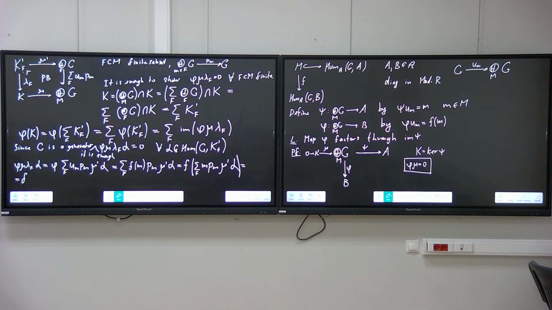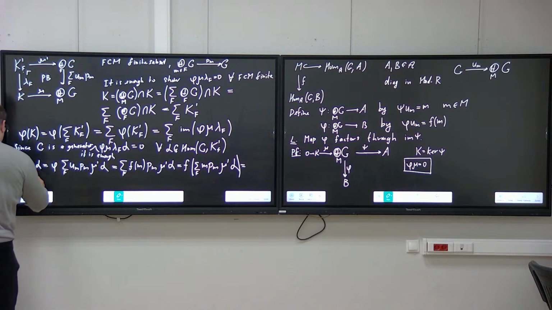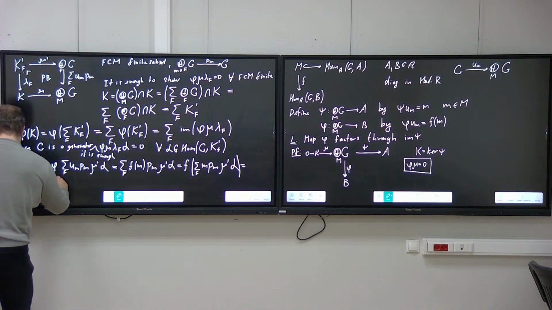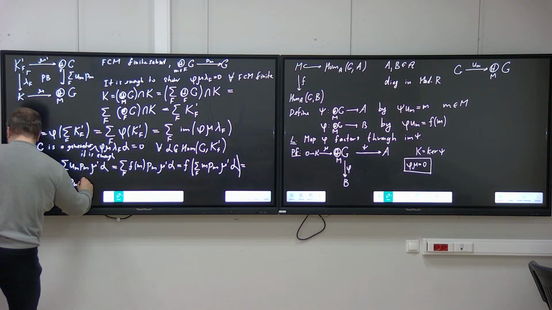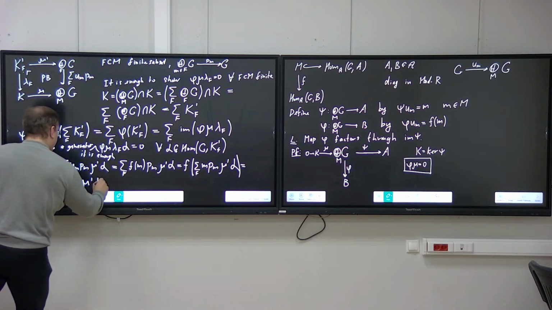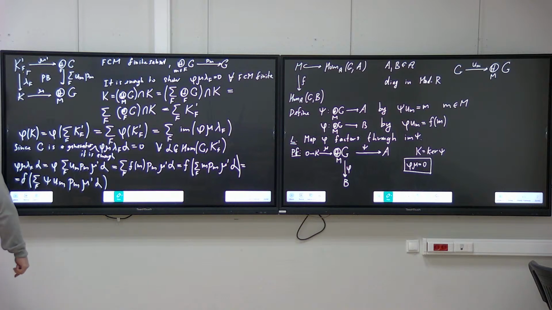Okay, so to finish the computation, take this formula and keep the f and rewrite what's inside. So inside f now I want the sum over f as before. Then I have psi, em, mu prime alpha.